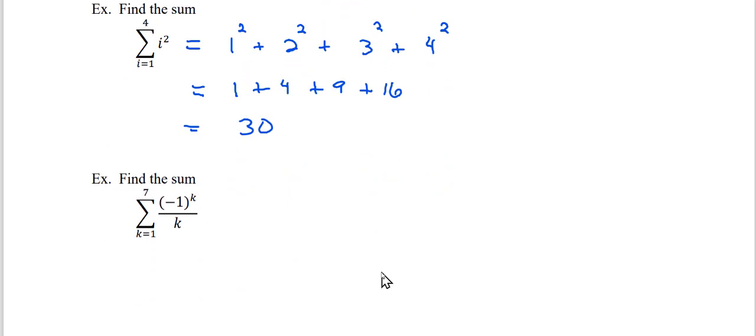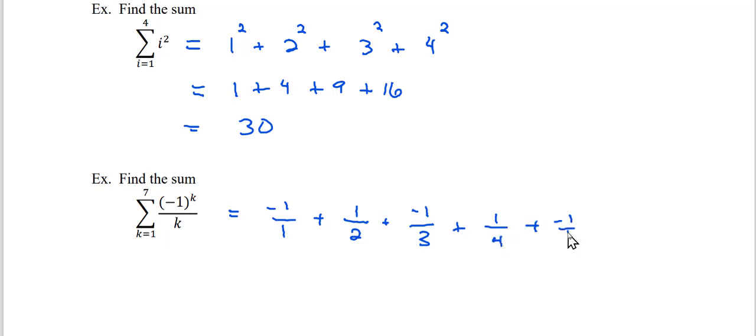Here's another one. When k equals 1, we have negative 1 over 1. Plus, when k equals 2, we have positive 1 over 2. Plus, when k equals 3, it'd be negative 1 over 3. Plus, when k equals 4, it's 1/4.